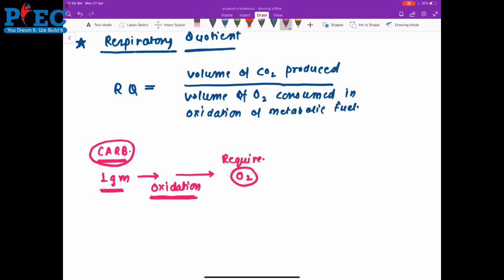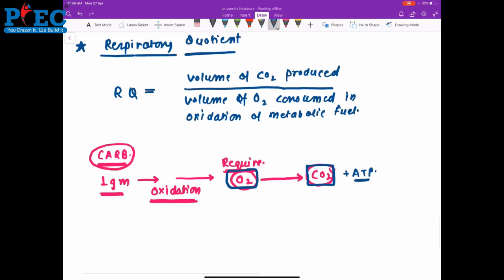And when you burn the carbohydrate with the help of oxygen, the product will be carbon dioxide. So what we are measuring is how much oxygen you are taking and how much carbon dioxide you are generating while generating the energy. So this is a ratio: volume of CO2 produced divided by the volume of O2 consumed by the metabolic fuel.